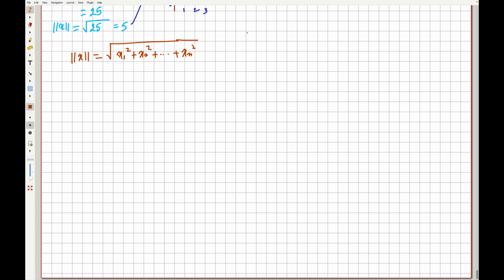For example, if we had a data point with 6 dimensions, then the norm of this vector in 6-dimensional space would be the square root of 1 squared plus 2 squared plus 3 squared plus 5 squared plus 6 squared plus 7 squared, and that is also going to be the distance of that data point from the origin.